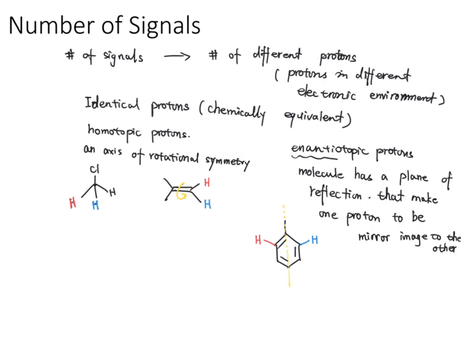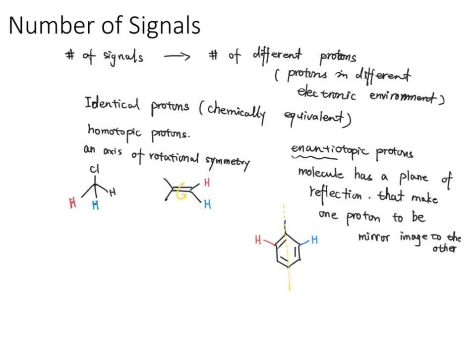In this molecule, you can find this mirror plane, and through it the red hydrogen and blue hydrogen are mirror images of each other. By definition, they are enantiotopic protons. They are identical protons, which means they give only one signal in the proton NMR.